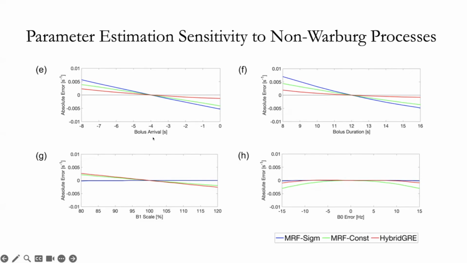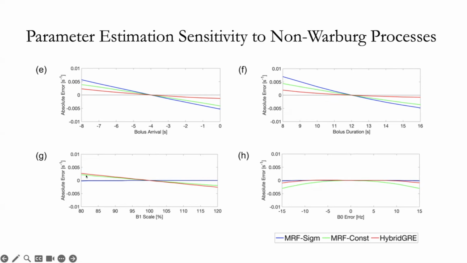So based on how many seconds before the expected bolus arrival time, if there's an error in that assumption, we can expect some error in our KPL quantification, as well as the bolus duration time related to injection and arterial delivery. And then B1 scale.